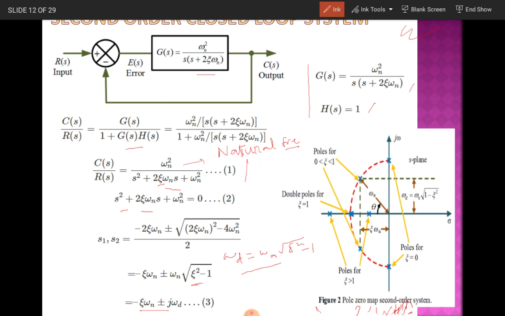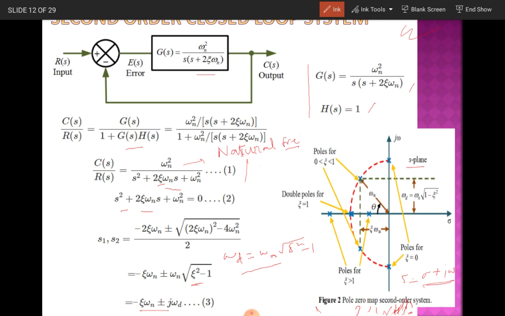This s value can be represented in a plot called the s-plane plot. Here s is the real part sigma plus j omega, with the x-axis as the real part and the y-axis as the frequency term.